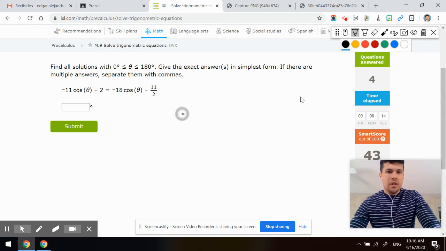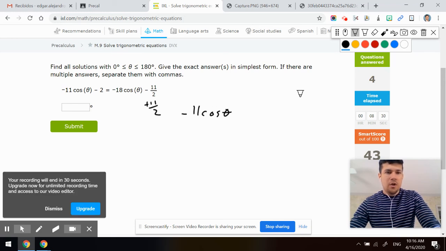So we're going to say negative 11 cosine of theta. We're going to go ahead and add 11/2 to both sides. So adding 11/2 to negative 4/2 will give you positive 7/2 equals negative 18 cosine of theta.